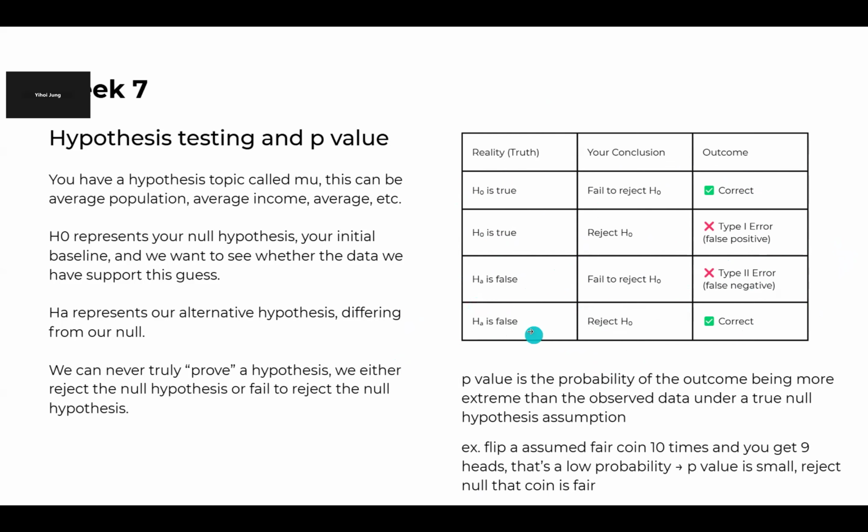When H alternative is false and you fail to reject H naught, that is correct. Oh shoot, sorry, this should actually be true and true. I'll edit that afterwards. When H alternative is true and we fail to reject H naught, we get an error because that's a false negative.